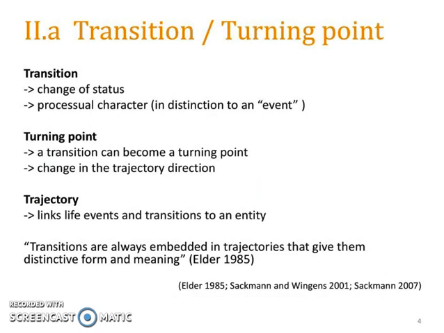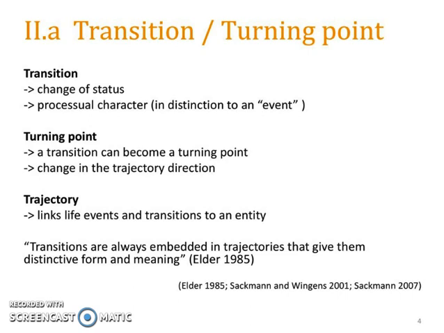The second part, let's move on with transition and turning point. So what is transition? It's a change of status and has a processual character, which means, in distinction to an event. A turning point includes a transition which can become a turning point and change the direction of the trajectory.